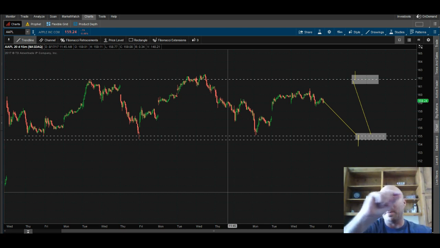When you draw with a marker, it gives you a little wider zone, so you don't keep getting stopped out on these trades trying to nail the exact level. This was a perfect example of a great channel, but sometimes price will pop its head up and then roll back over and then go back down.